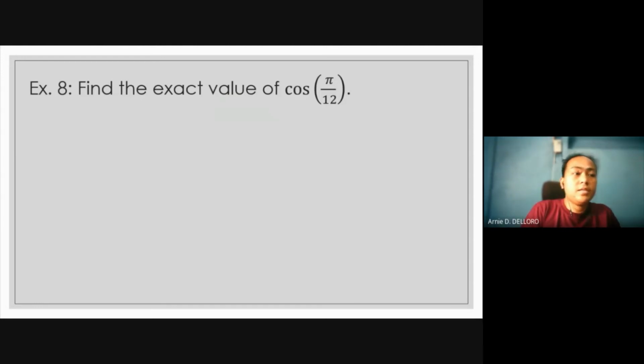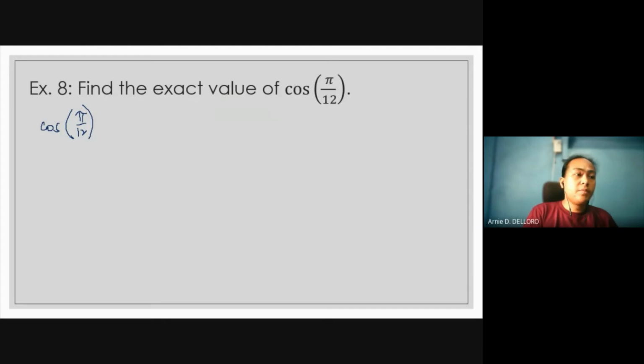Like in this case, yung cosine pi over 12. So iisipin mo lang, ano ba yung terms na kapag either inadd natin or sinubtract natin, okay? We're talking about special angles na po. Ang lalabas ay pi over 12. Okay?